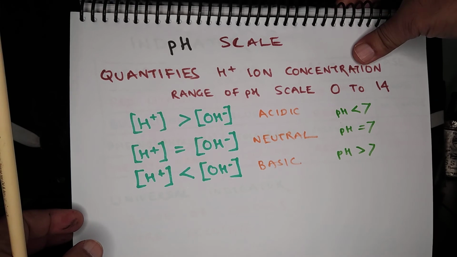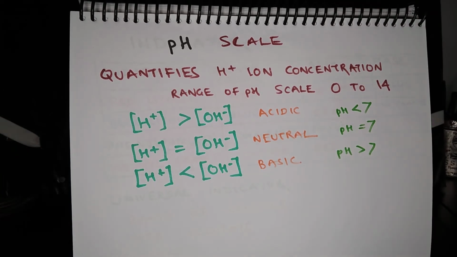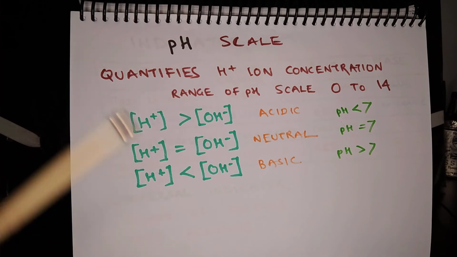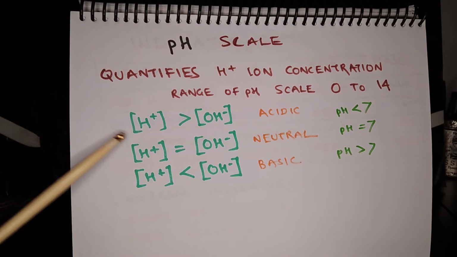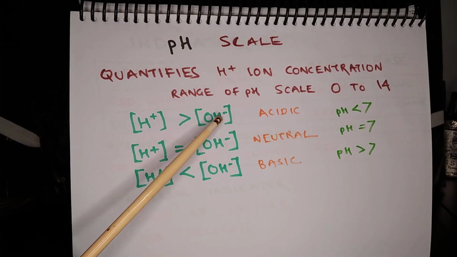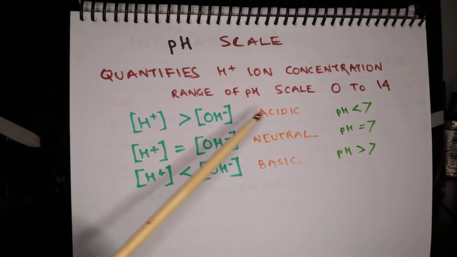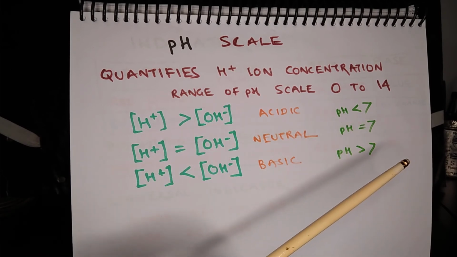pH scale. The pH scale is the scale which quantifies hydrogen ion concentration in a solution, and the range of the pH scale is from 0 to 14. When the concentration of H plus ion is more than the concentration of OH minus ion, the solution is acidic and its pH is less than 7.